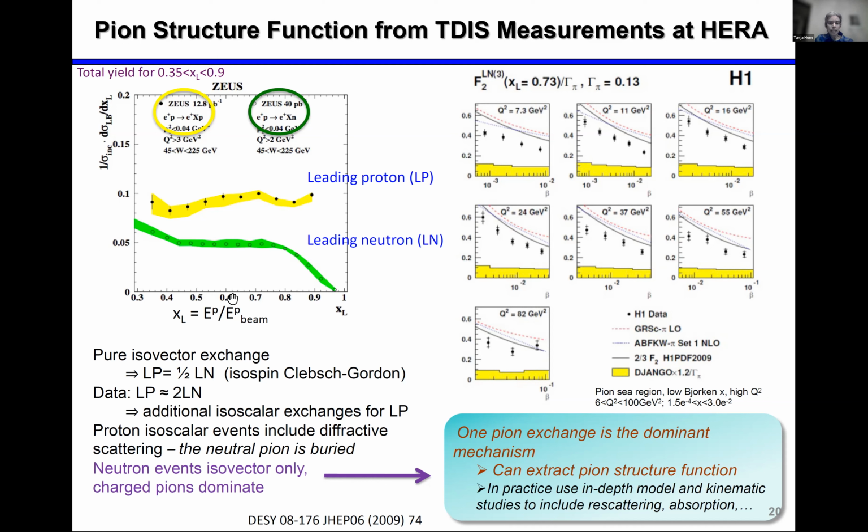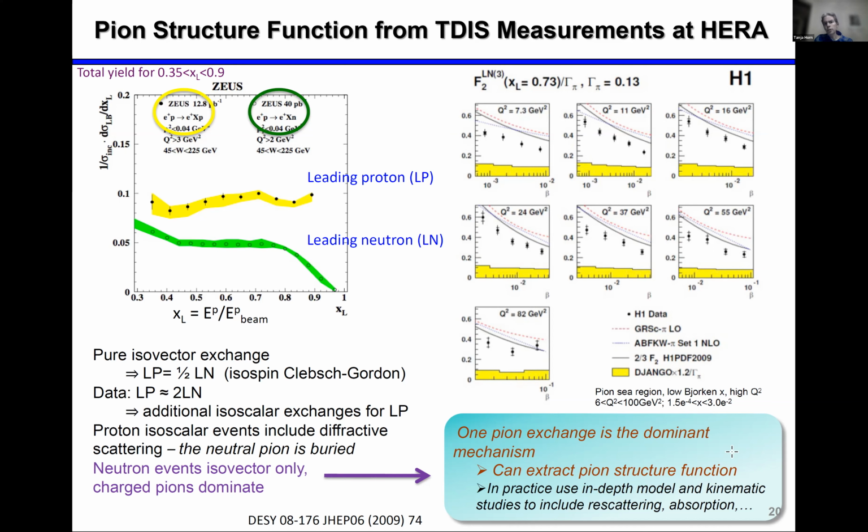And what one sees is that the neutron events, isovector, so basically the charged pions in this case, pion is the target for us for this particular process, is dominant. And so it means that one can in fact use the one pion exchange mechanism. It's a dominant mechanism. We can move forward and extract the pion structure function from these data.